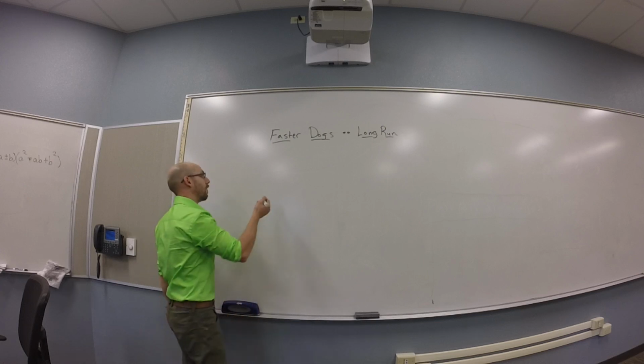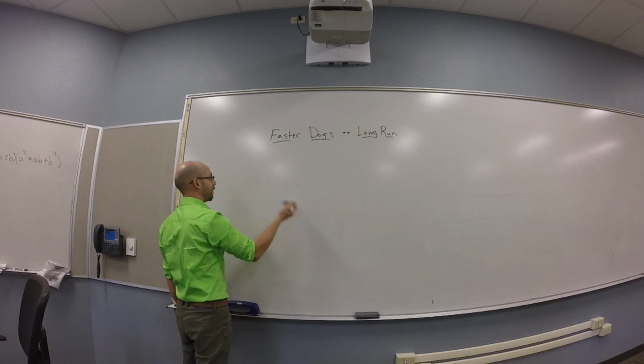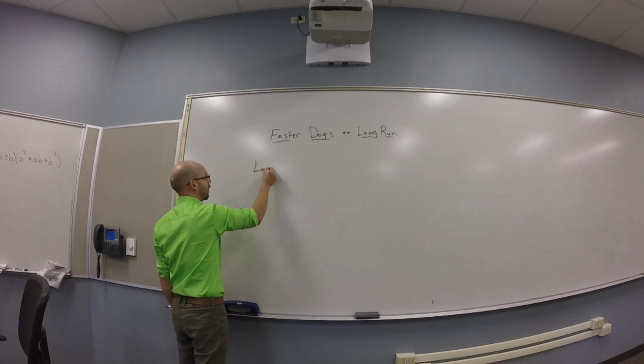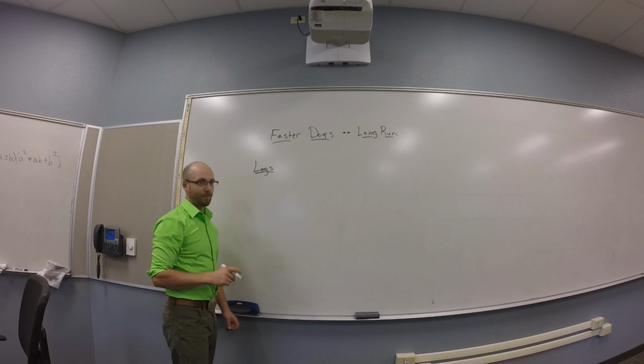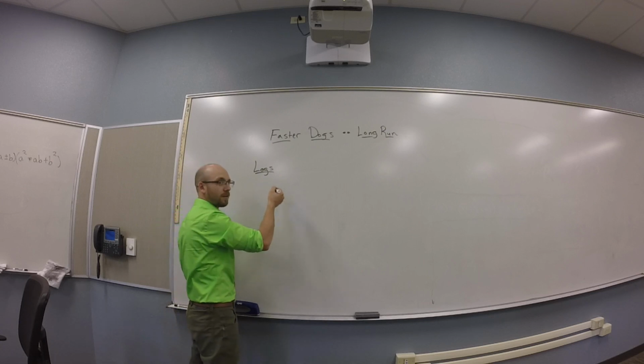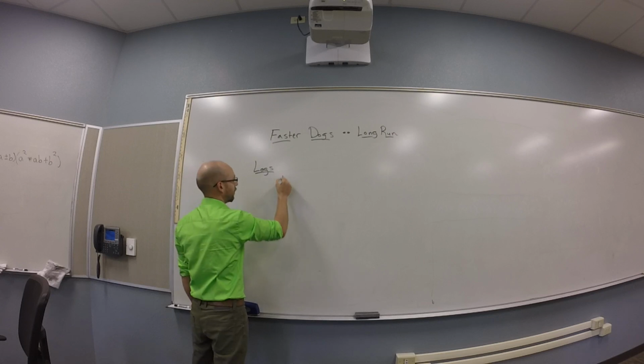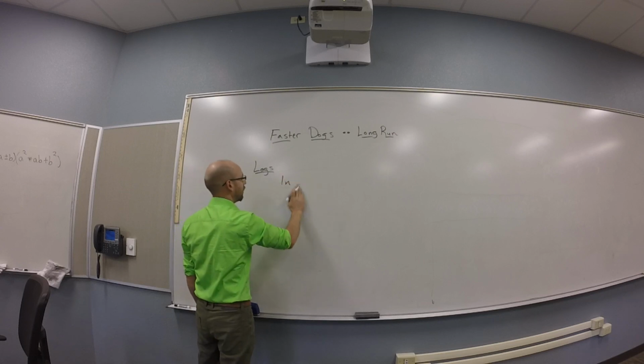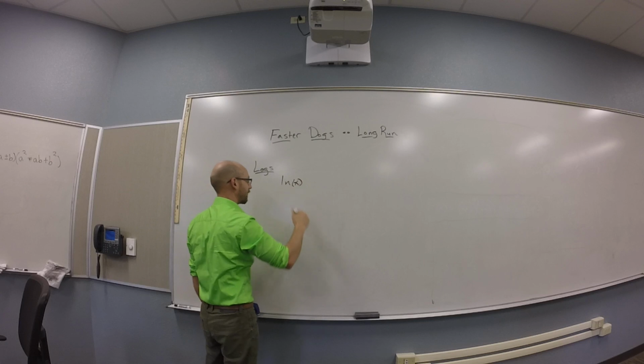Okay? So there are some categories of functions, and I just want to spit them out fairly quick. So there's log functions, right? Those are things like natural log, and I'm going to put x's in here.